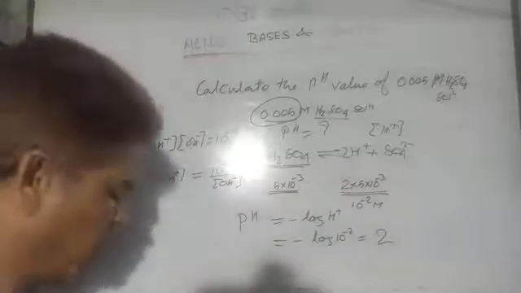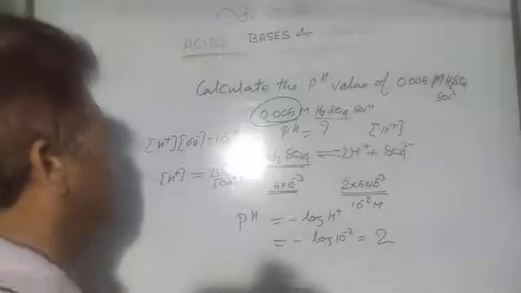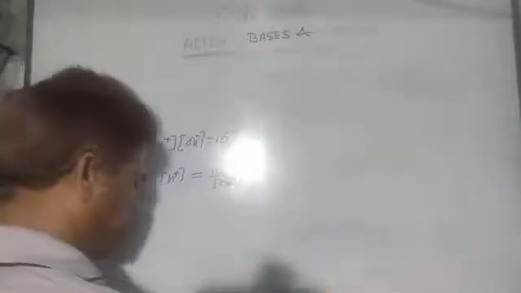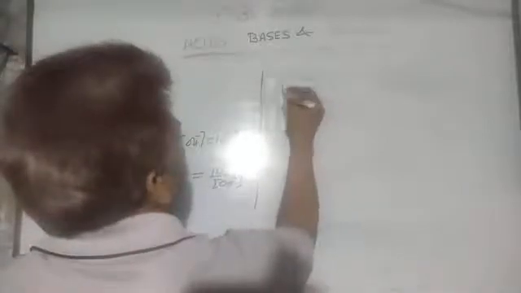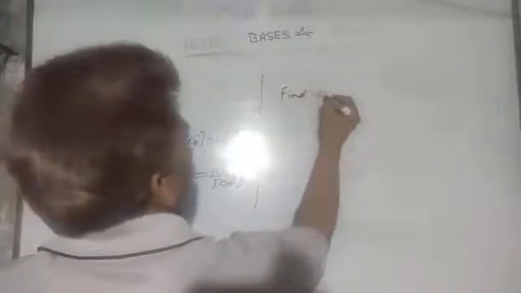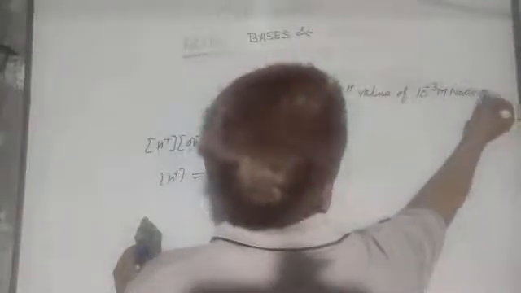So for that purpose, you take one numerical problem related to it. Okay, so again you find the pH value of another solution. Find the pH value of 10 to the power minus 3 molar sodium hydroxide solution.